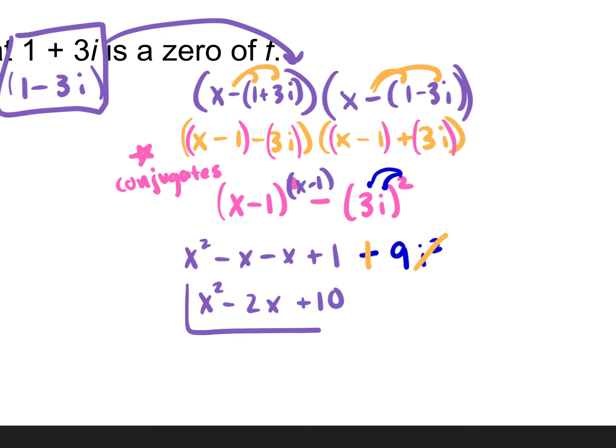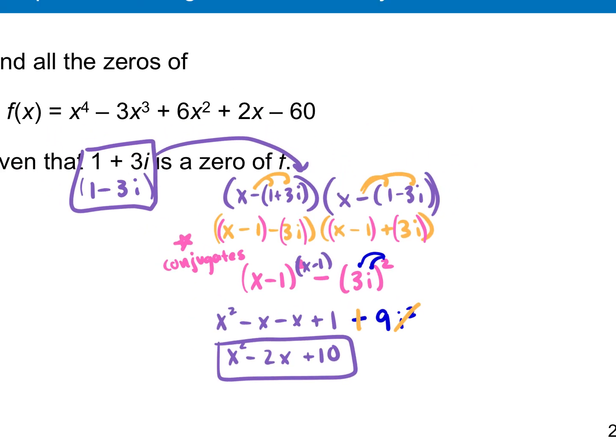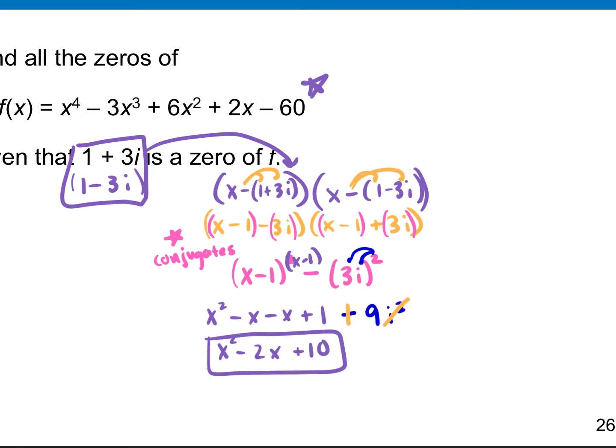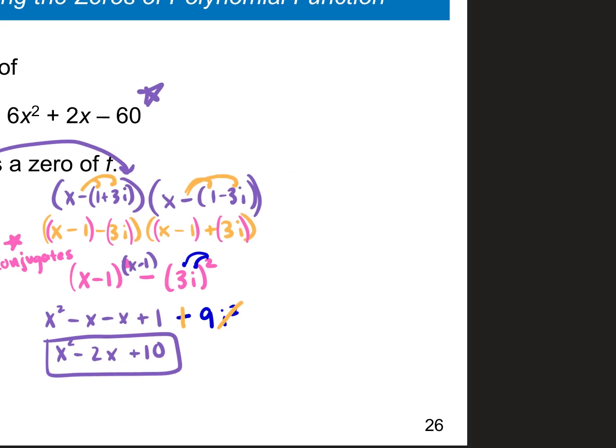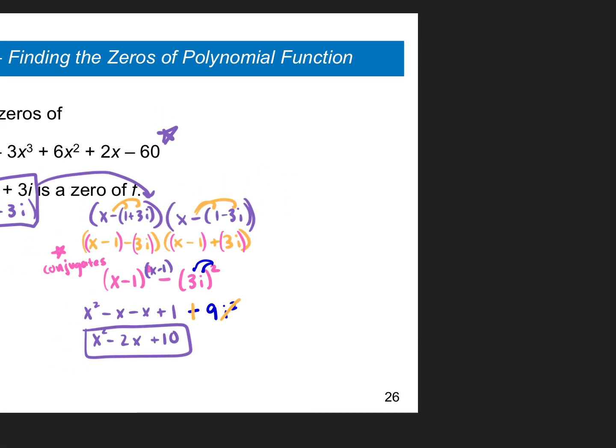So this guy here is a factor of the polynomial that I started with. How do you think I could find other factors? Long division. Yes. So we're going to do long division.